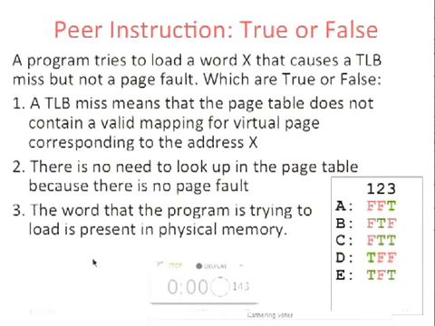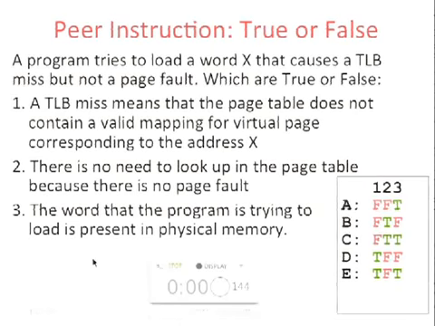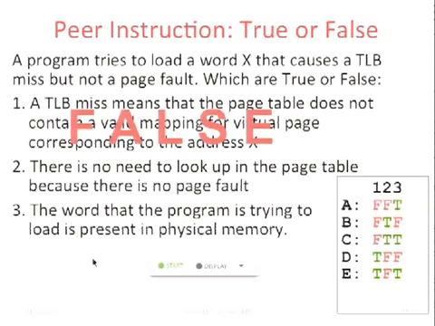Okay, so let's finish up this question, and then we'll see what we got here. TLB miss means that the page table does not contain a valid mapping for the virtual page corresponding to address X. So you've got a virtual address, you look it up in the TLB, but it isn't there. Does that mean that you don't have a valid mapping for that thing? That is false, because remember, the TLB is tiny, tiny, tiny.